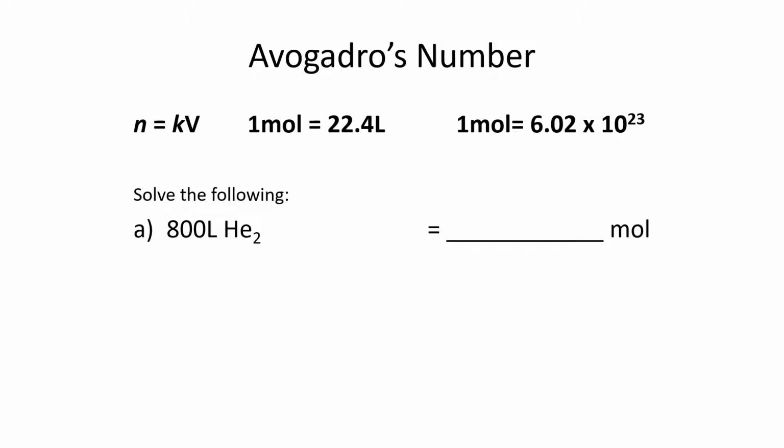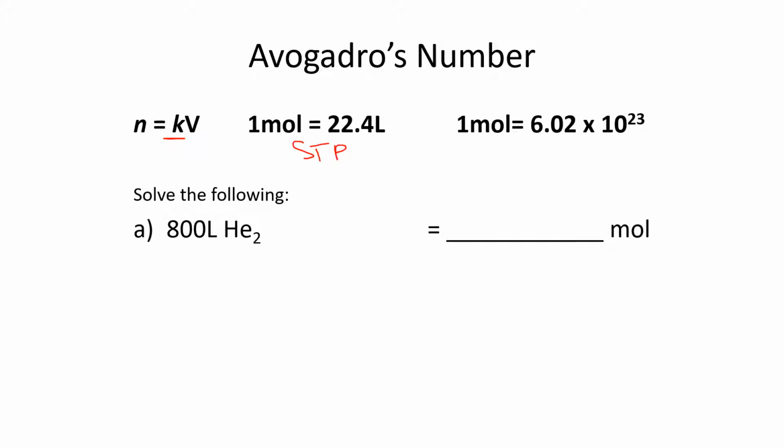Avogadro's number. We alluded to this previously, but for gas laws, we'll definitely need to use moles. So the number of moles equals a constant times your volume. 1 mole at STP, so ideal gas law, occupies 22.4 liters of space. And 1 mole is 6.02 times 10 to the 23rd molecules.